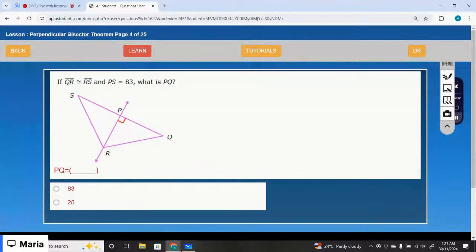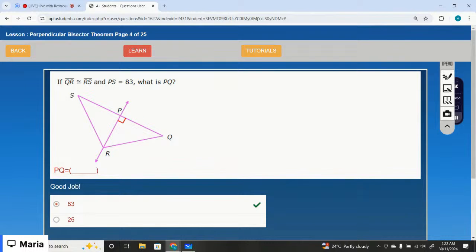If QR is congruent to RS and PS equals 83, then what is PQ? PQ equals 83. Option number 1 is the correct option.